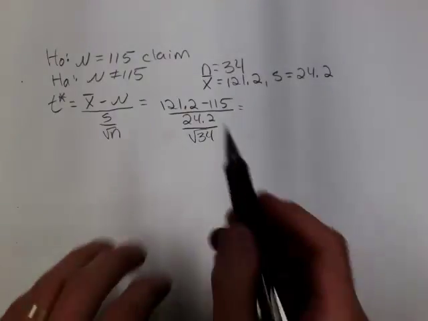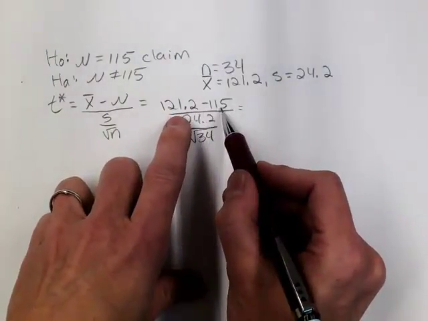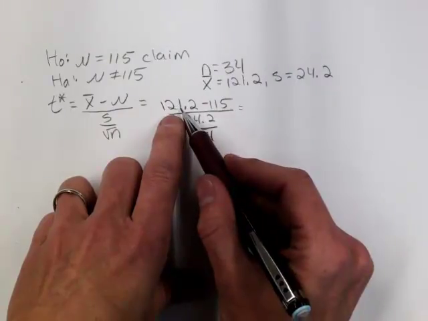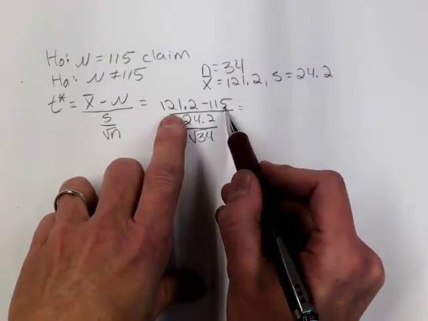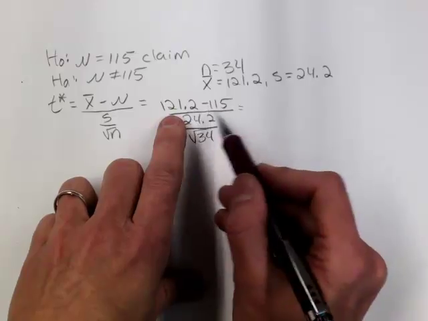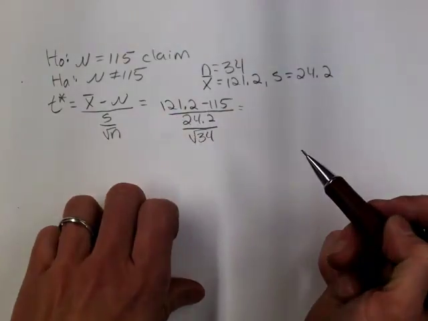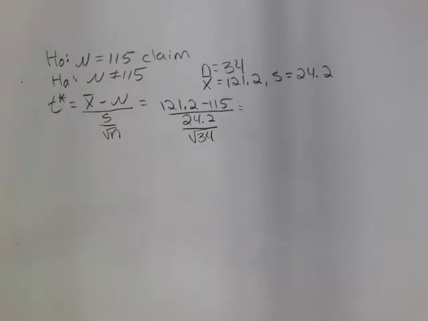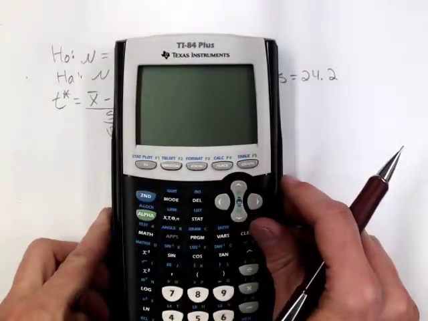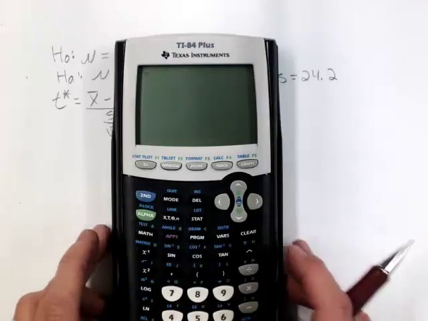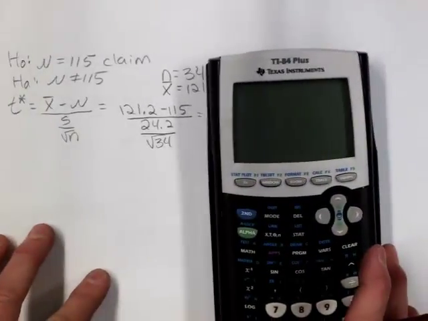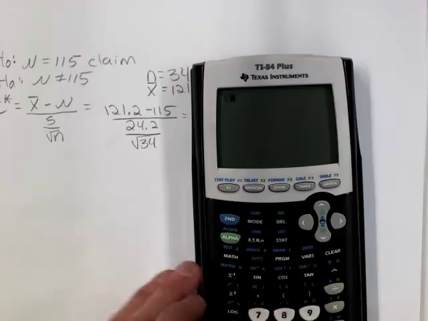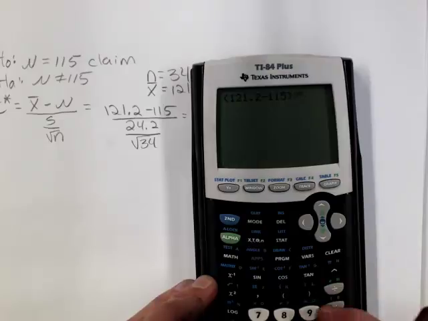Again, we're looking at the difference here in the numerator. We did get a sample value that was not equal to 115, but what we want to know is, is this difference statistically significant? Putting this in the calculator, I'm going to put parentheses in the numerator and parentheses in the denominator, because this thing can't read my mind.